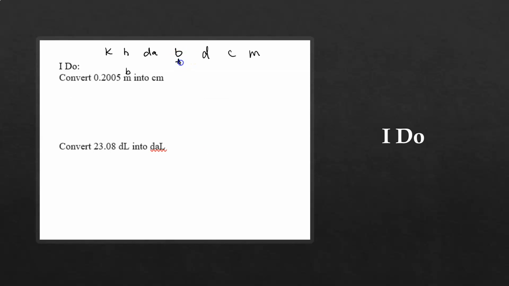So base unit is here, centimeters is here. Kilo is on the bigger side, so this side is big for our units, and this side is small for our prefix for the units.